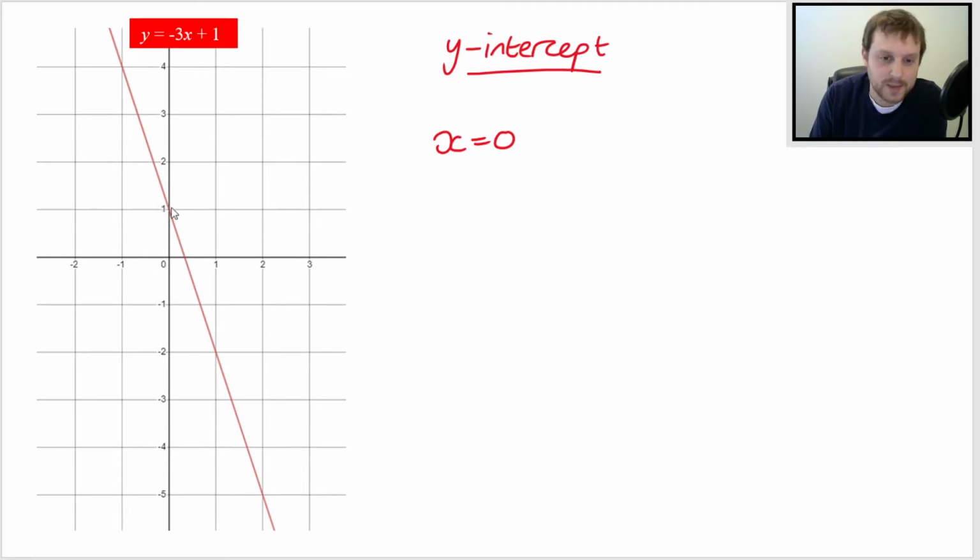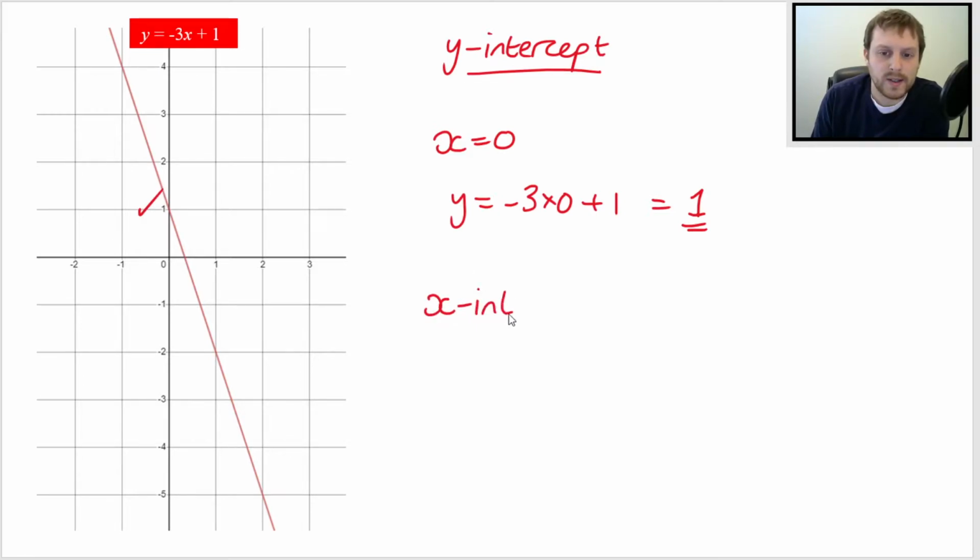I can also see it's plus 1, but I'm just showing you this so we get used to it. Clearly, in practice, you can be a bit faster and not necessarily write all of this down. When x is 0, you have y is minus 3 lots of 0 plus 1. Well, minus 0 lots of anything is 0, so it's just y equals 1. Right, which is what we can see there. We can visually see it.